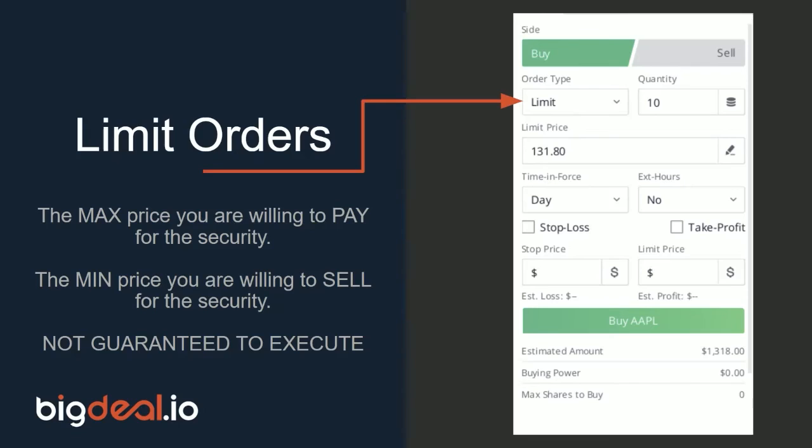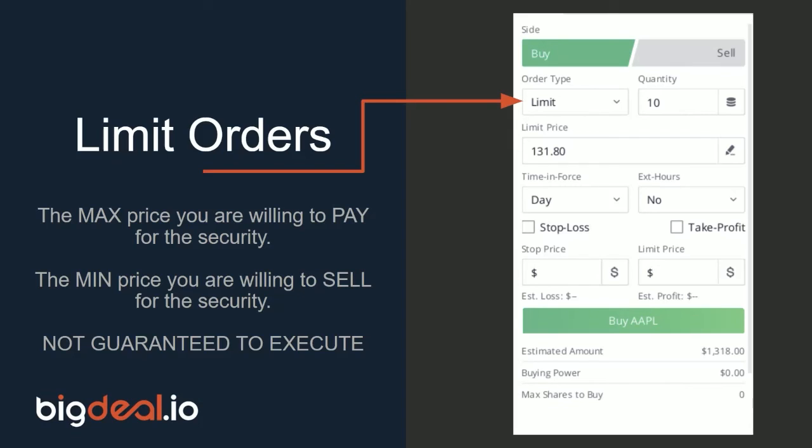So maybe it's trading at 132.80 or 133, and I think it's going to go down a little bit. Maybe I can grab some stock. I can put a limit order on that and maybe get a little discount from where it is. But if it never goes down to 131.80, I won't be able to get it.